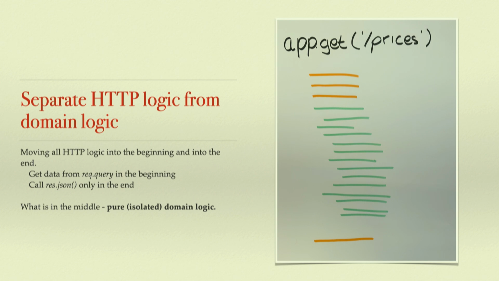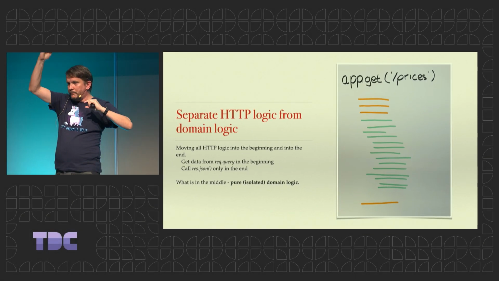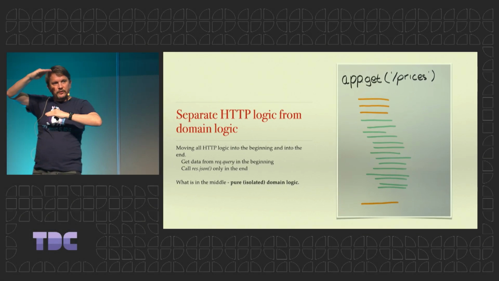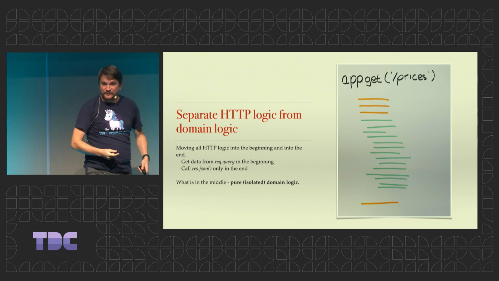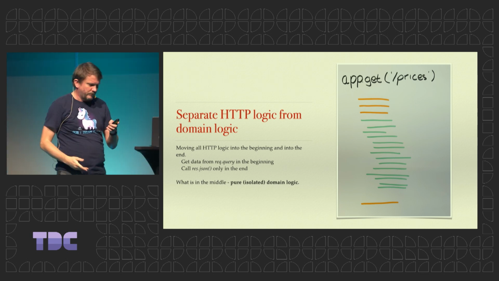I move everything that handles HTTP up and to the bottom, and everything that is in the middle extracts something somewhere, and I have a function that is easy to test. So if I can move the hard-to-test code up and down, whatever I have inside is easy-to-test code. That's a neat trick, and it's super simple.